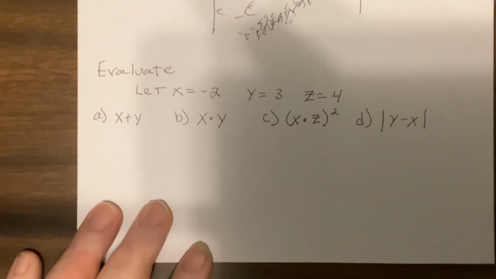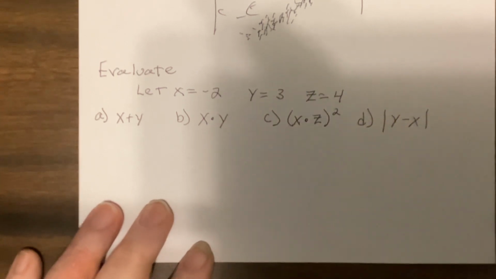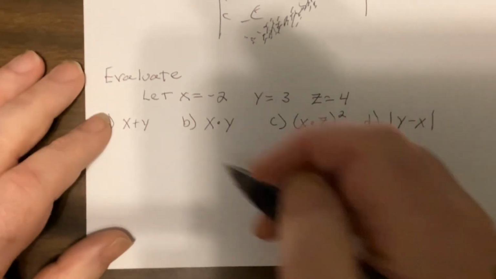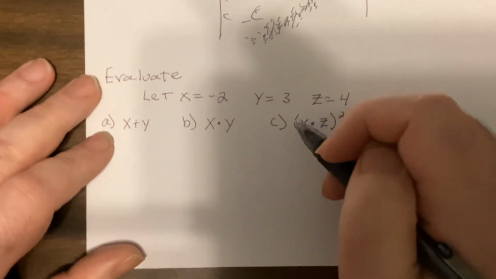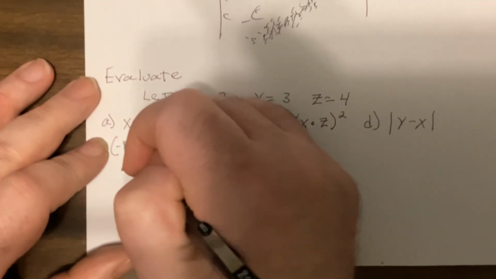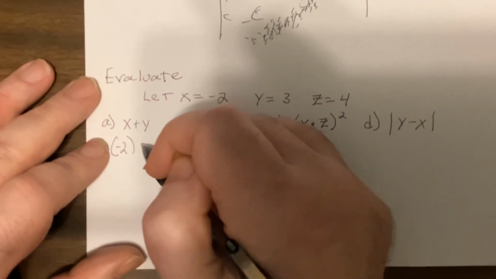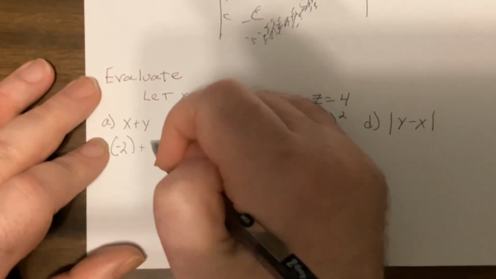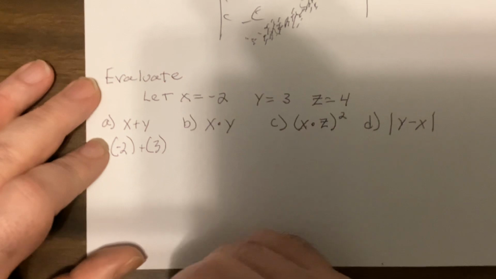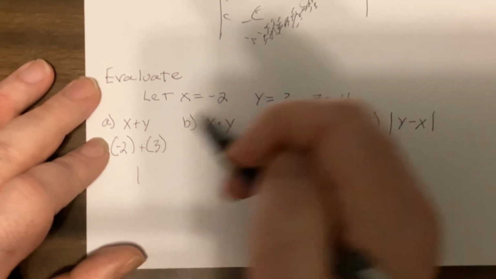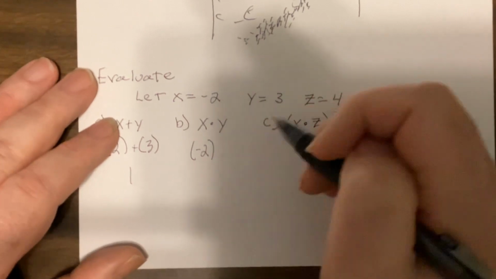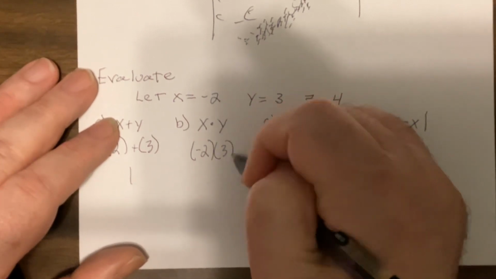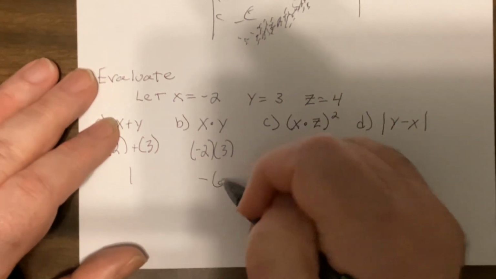Now, evaluating. Given numbers to represent x, all you do is you replace the variable with that number in parentheses. So that would be in parentheses -2 plus the y. -2 plus 3 is 1. So -2, 3, that would be -6.